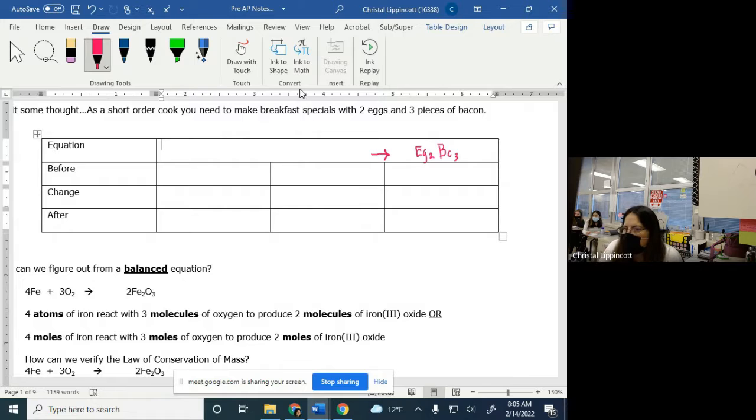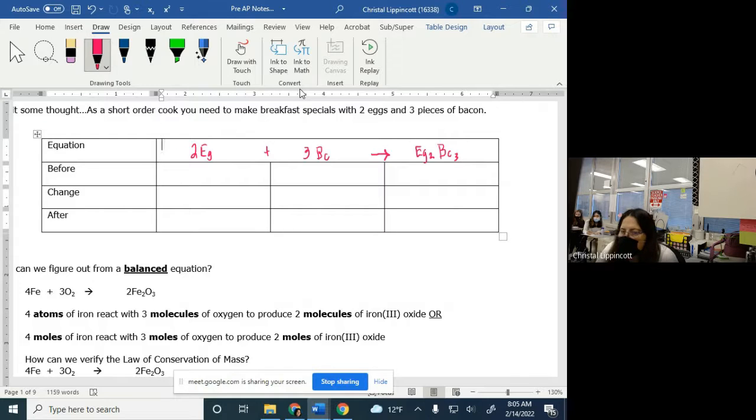So that means that we need to start out with 2 eggs and 3 pieces of bacon. All right, so this is my balanced equation. I've got 2 eggs on both sides. I've got 3 pieces of bacon on both sides.